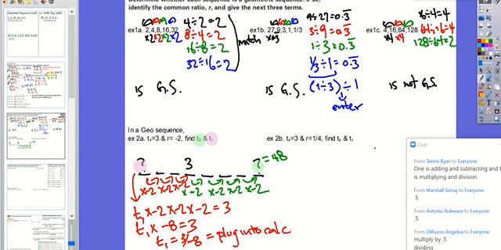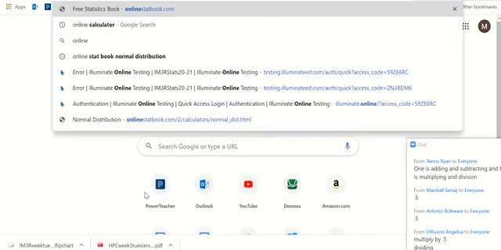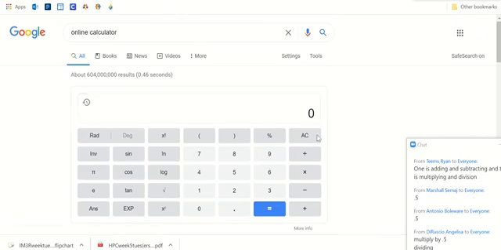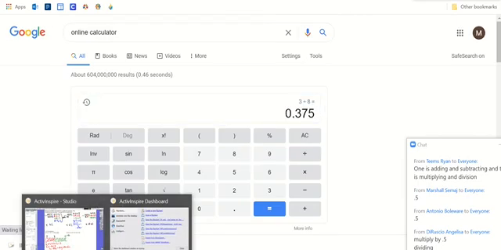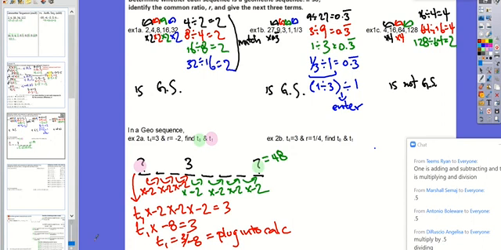Let me pull that up real quick. Online calc, I'm going to go 3 divided by 8 and get 0.375.